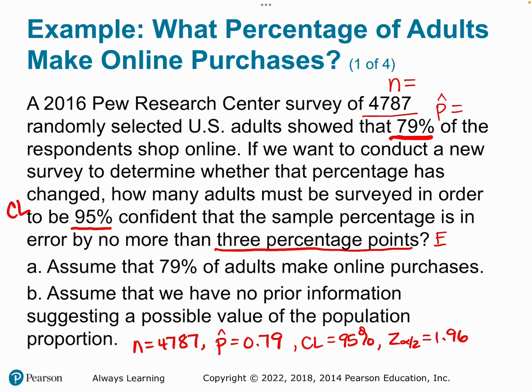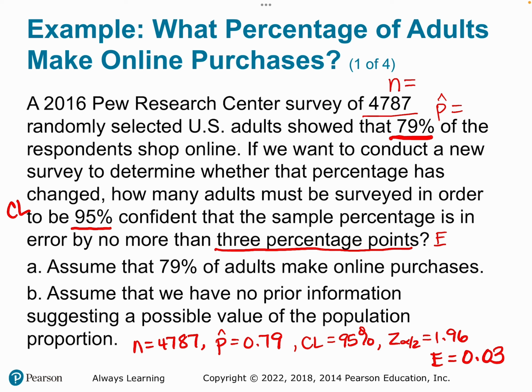And finally, they want the margin of error to be 3 percentage points. So we're going to write that as a decimal as 0.03. If you take a moment to make these notes to yourself, it'll be much easier to substitute the values into the formula to calculate n correctly.